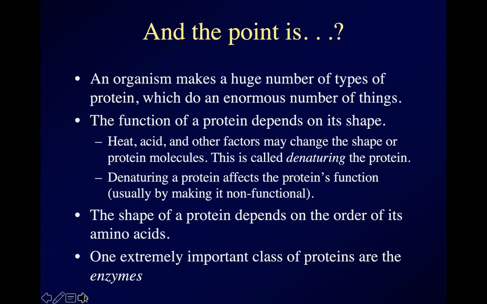Oh, if you want another example, your hair is made up of proteins, and the texture of your hair, whether it's curly or wavy or straight, depends on the shape of the individual hairs. And the shape of the hairs depends on the shape of the keratin proteins that make them up. And you can chemically treat your hair with heat and chemicals so that the proteins take on a different shape, and that changes the shape of your individual hairs, and that changes the entire shape of your hairdo.